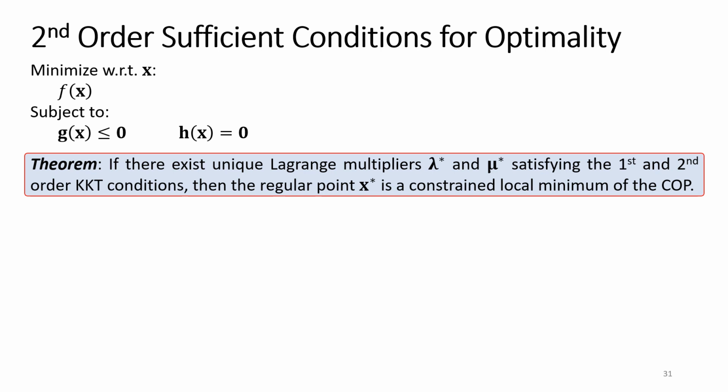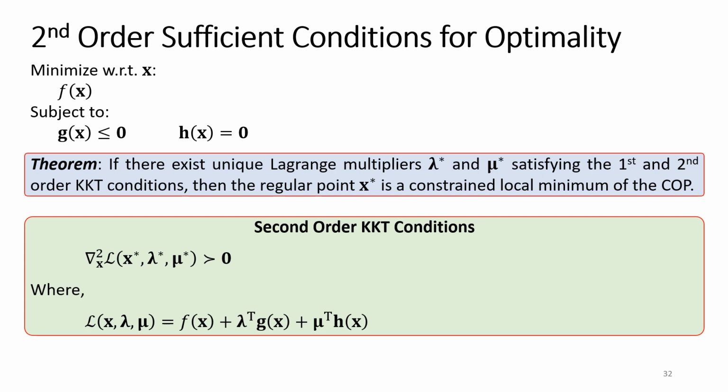Second order sufficient conditions for optimality. Theorem: if there exist unique Lagrange multipliers lambda star and mu star satisfying the first and second order KKT conditions, then the regular point x star is a constrained local minimum of the COP. What are the second order KKT conditions?